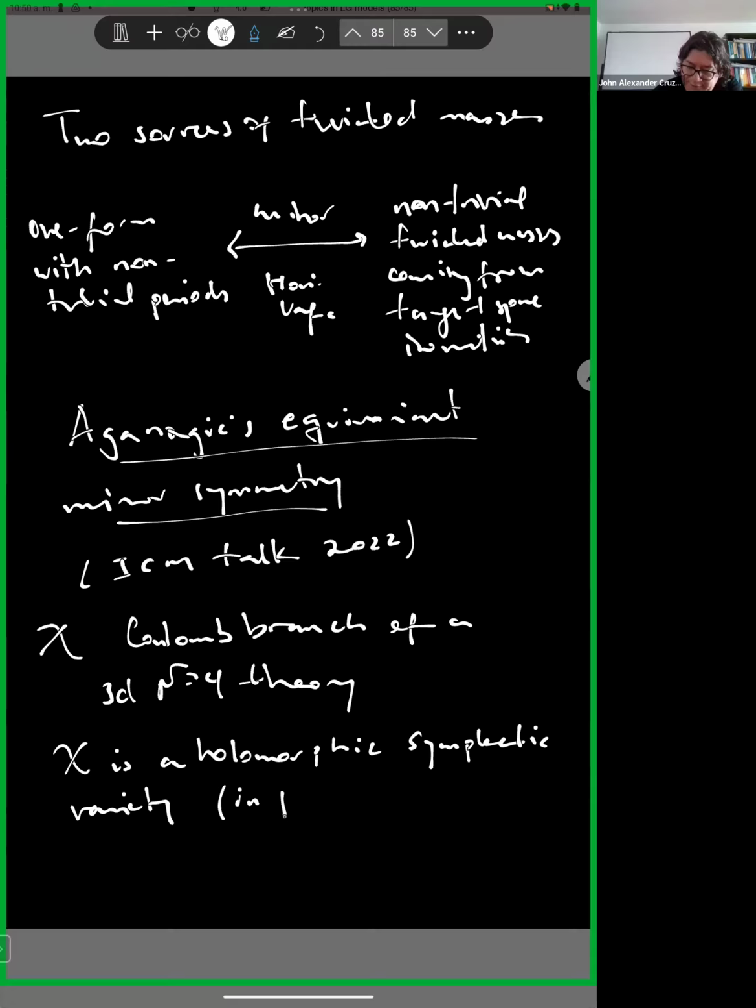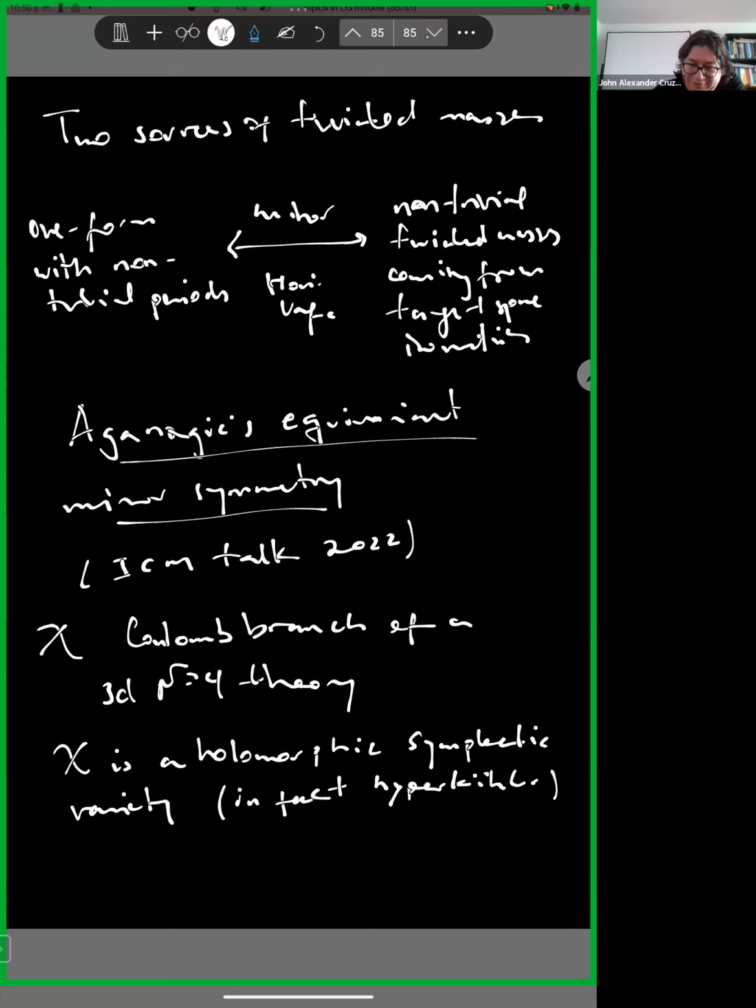In fact, it's hyperkahler. We go back to what I said before. So there will be somehow the natural place to consider these kind of things, in a certain sense, or at least the mirror of these kind of things. So we have this holomorphic symplectic, that's good.